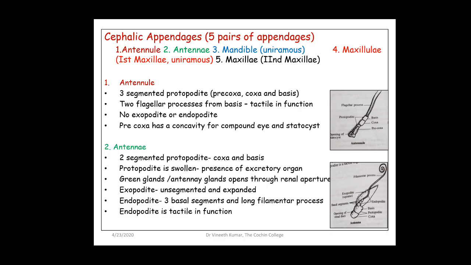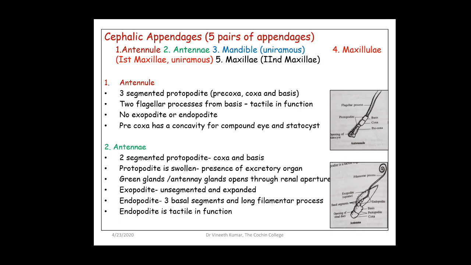Because of this, some authors refer to this as a uniramous appendage, because it has neither an endopodite nor an exopodite. But some authors say that because it has 2 branches, even though they are not exopodite and endopodite, they consider it biramous. The precoxa has a concavity for the compound eye, and also the balancing organ called the statocyst.